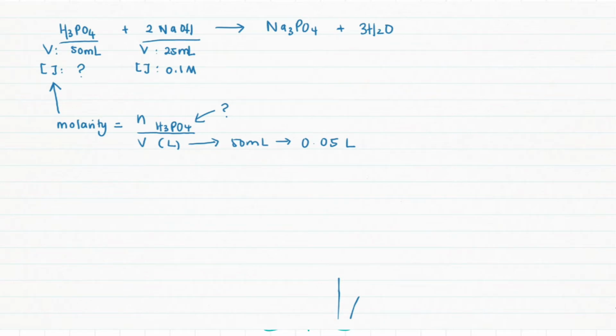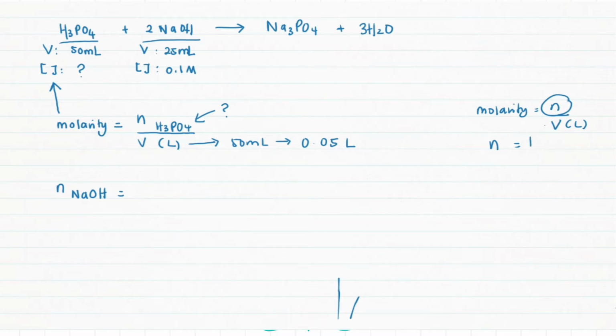Therefore, the first step to answer this question is to calculate mole of sodium hydroxide. For mole of sodium hydroxide, we know the formula of molarity is n over V, mole over volume. Okay, volume is in liter.